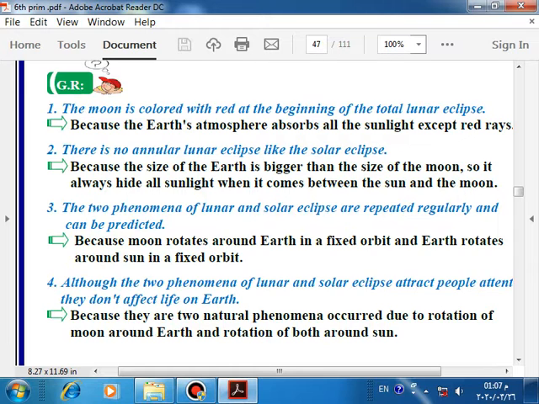The two phenomena attract people's attention and they don't affect life, because they are two natural phenomena that occur due to the rotation of the moon around the Earth and the rotation of both around the sun.